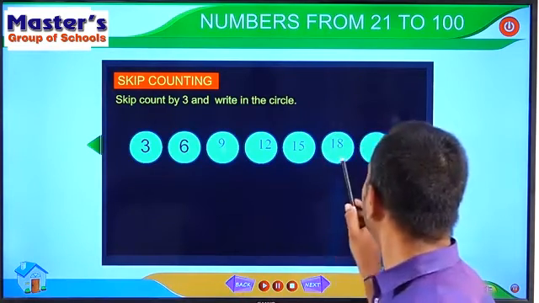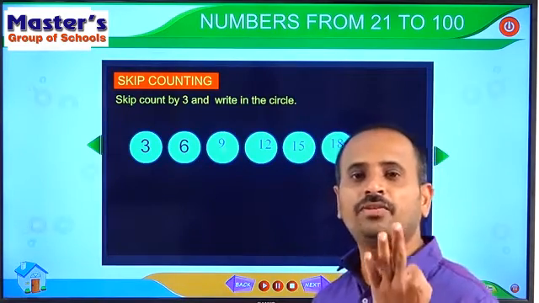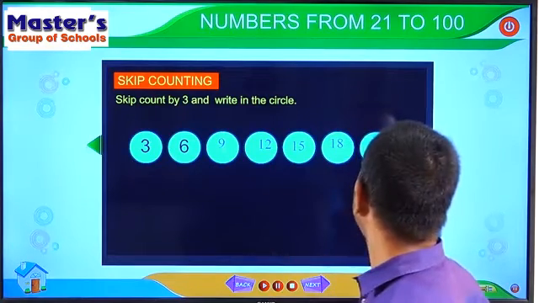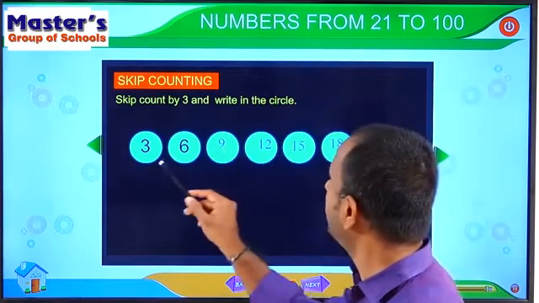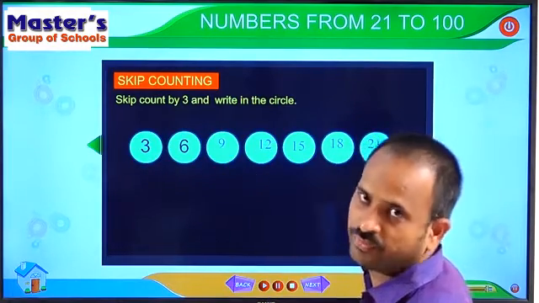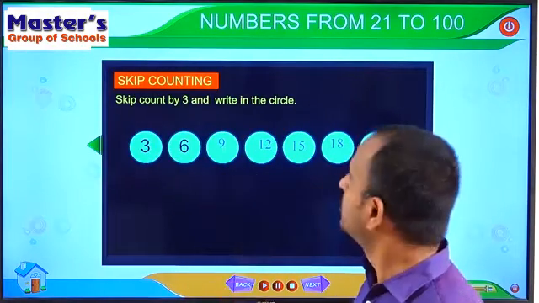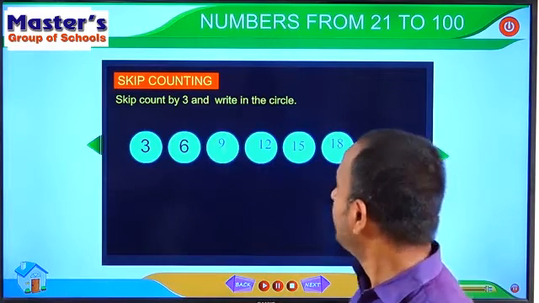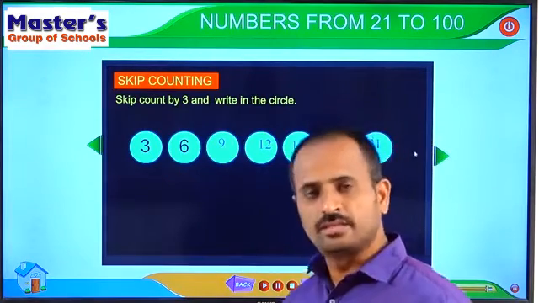And again add 3 to the 18, and after 18, 19, 20, 21. So 21. Children, in this way we can skip count by 3 and we can write any number of numbers. So this is an example for skip counting. Let us see some more examples on skip counting.